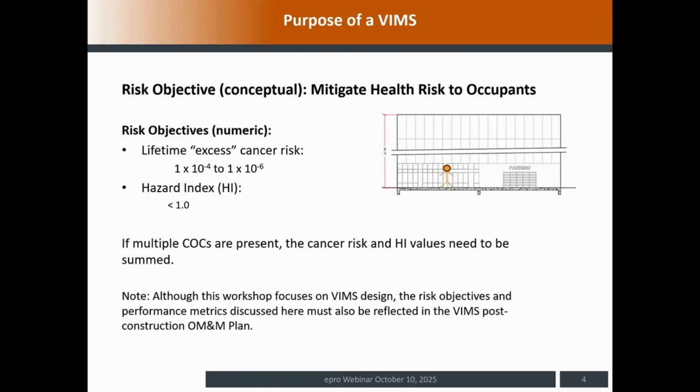One is the excess cancer risk, and generally EPA and other agencies look at it as a range of 10 to the minus 4 to 10 to the minus 6, so 1 in a million odds of developing a cancer that you might not otherwise develop in your lifetime, and the hazard index, which should be less than 1. And of course, important to always remember that if you have multiple constituents of concern, you need to sum all of those together.